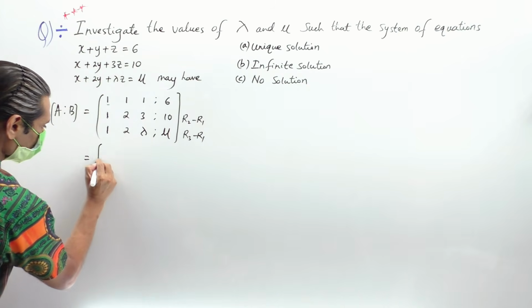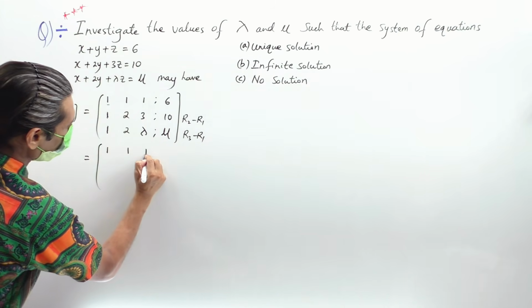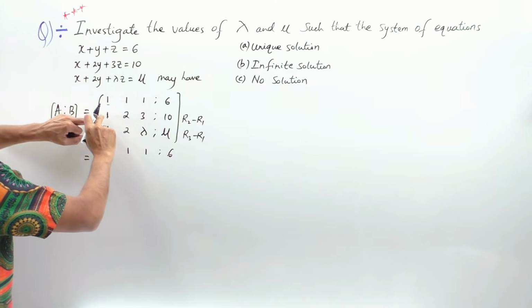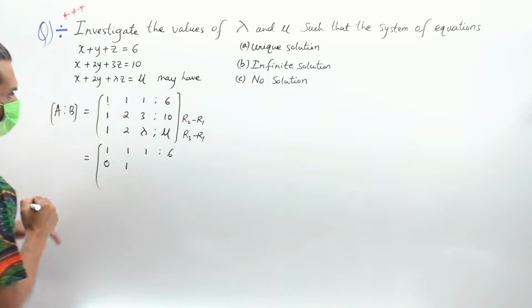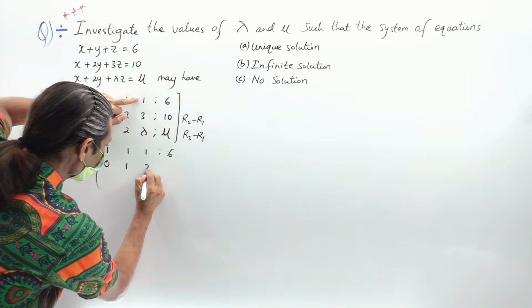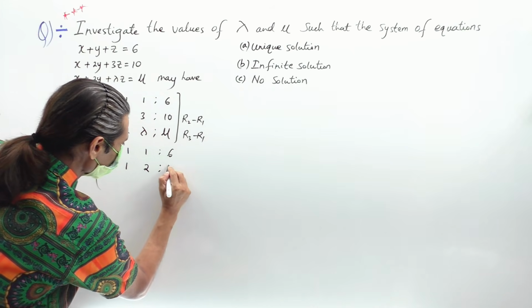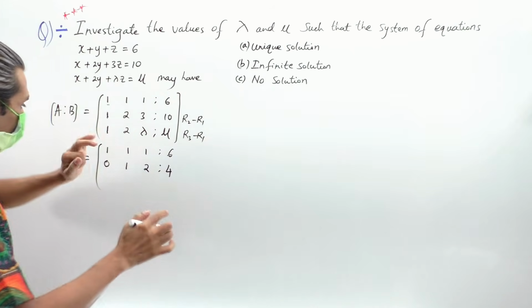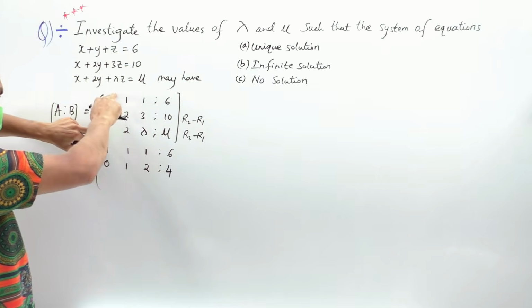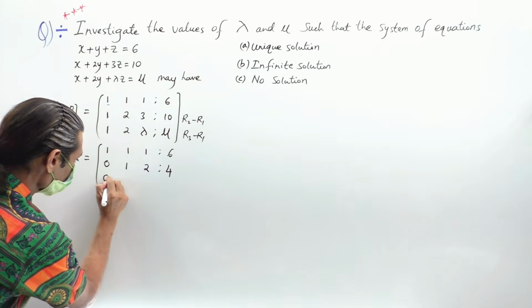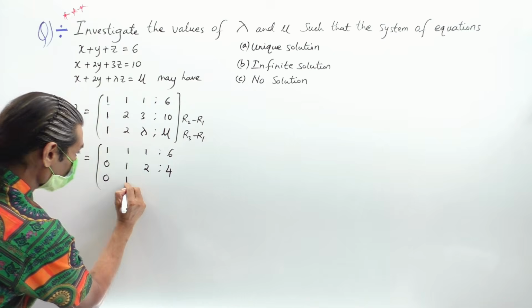So this will now be 1 1 1 6 as it is. See, 1 minus 1 is 0, 2 minus 1 is 1, 3 minus 1 is 2, 10 minus 6 is 4. Simple calculations again. Now R3 minus R1: 1 minus 1 is 0, 2 minus 1 is 1.